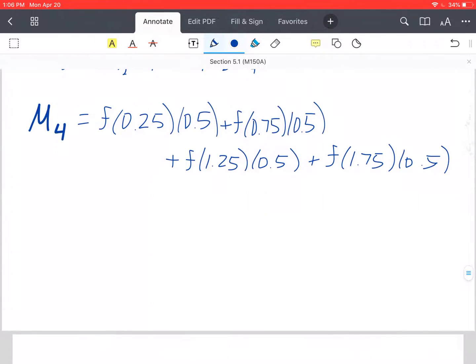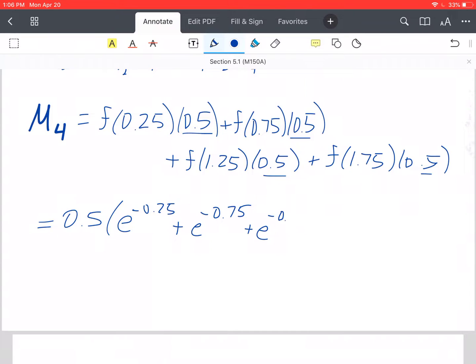Okay, and then just plug these into the actual function. You'll notice all of these have the 0.5 in them, so let me pull that out to the front so we don't have to keep writing it over and over again. Then this gives us e to the negative 0.25 plus e to the negative 0.75 plus e to the negative 1.25 plus e to the negative 1.75.